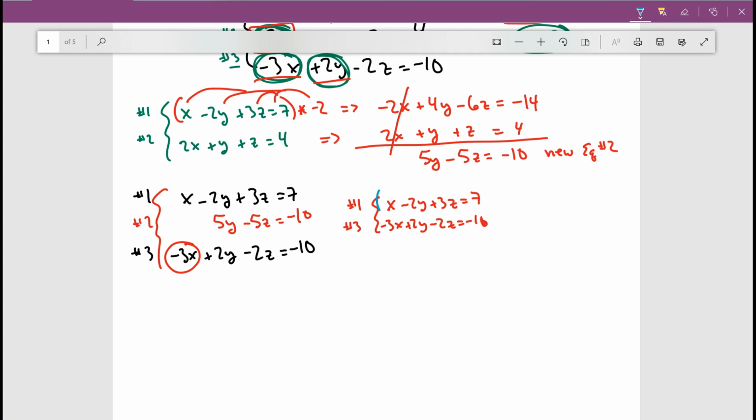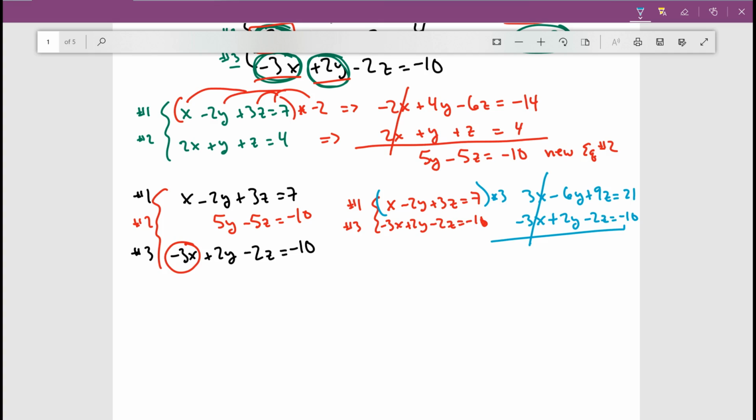I'm going to turn it into a 3 because it's already the opposite sign. So this is going to be 3x minus 6y plus 9z equals 21. This one's going to stay the same: negative 3x plus 2y minus 2z equals negative 10. Right, so this goes away. This is going to be negative 6 plus 2.